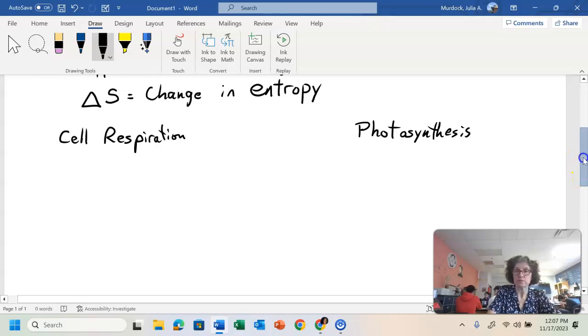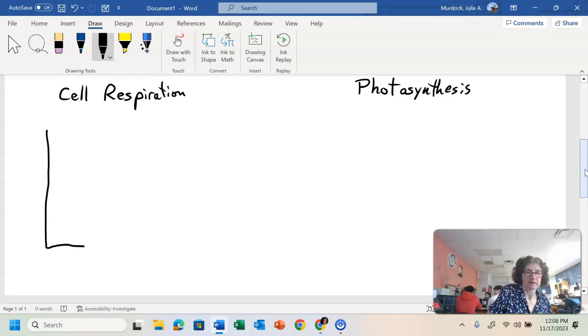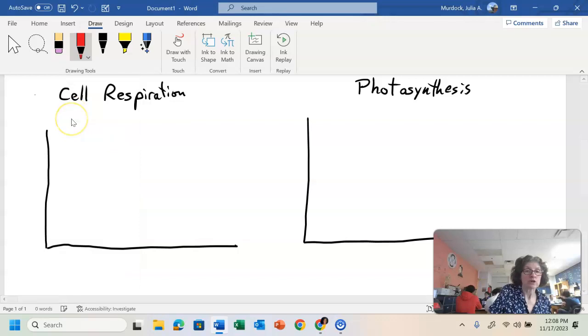What I want to do is make some nice, see if I can draw straight lines here. I'll do my best. Nice graph axes for both of them, because I'm going to show the changes in these values for these two types of reactions.